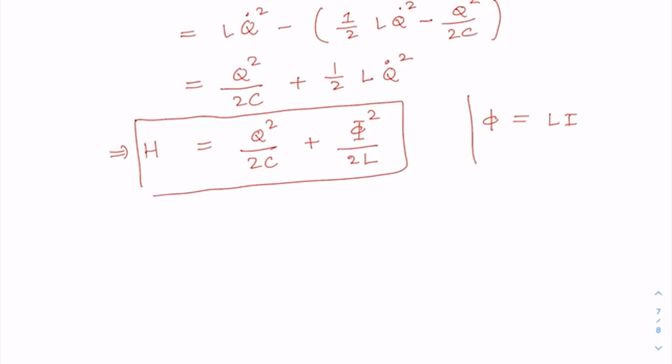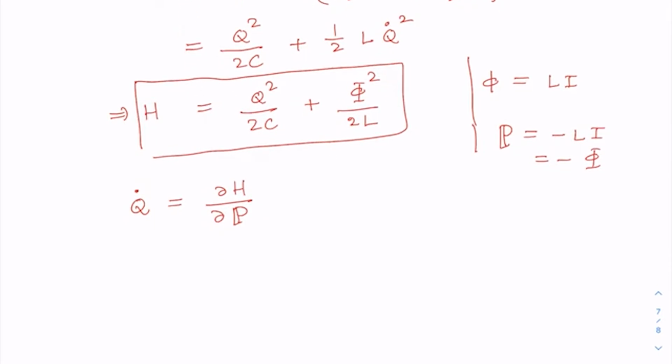So what about the canonically conjugate variables? Here obviously q and phi are the canonically conjugate variables, but to ensure that, let us see. The canonical equation of motion gives us q dot equal to del H del p, that is the momentum. Let me write once again that momentum is equal to L i, or actually phi.